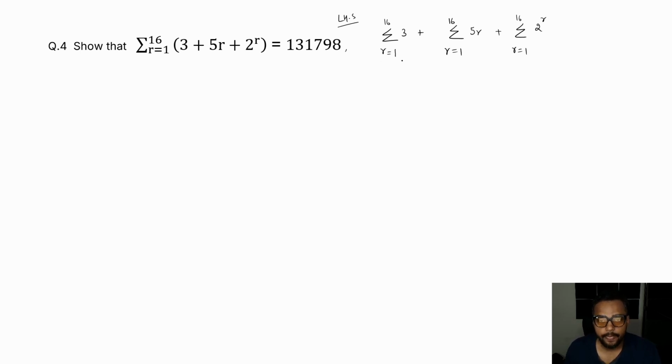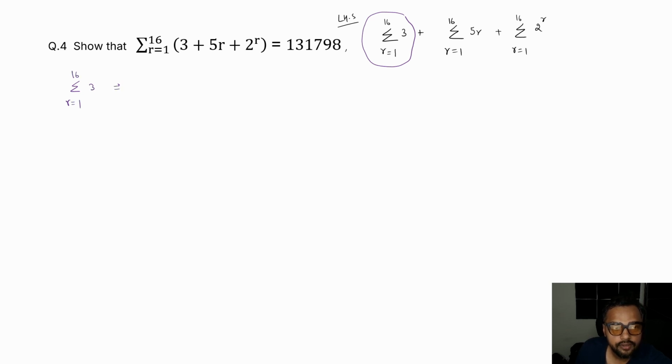Okay, so now what we did is we have segregated all the terms on the left hand side. Now let's go one by one. What is sigma of r equals 1 to 16, 3?